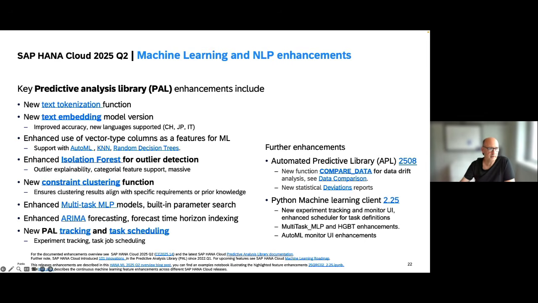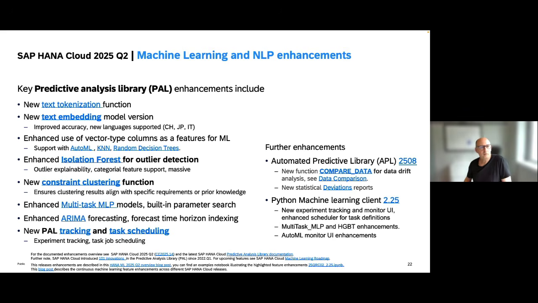That would be one constraint, and these capabilities are now available with this new constraint clustering function. There's better hyperparameter search for the multitask multi-layer perceptron model, and also some improvements for the ARIMA forecasting functions. And the other topics will also come into more detail.